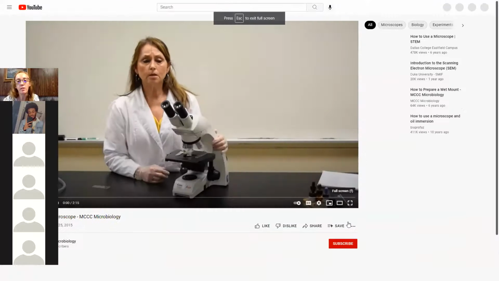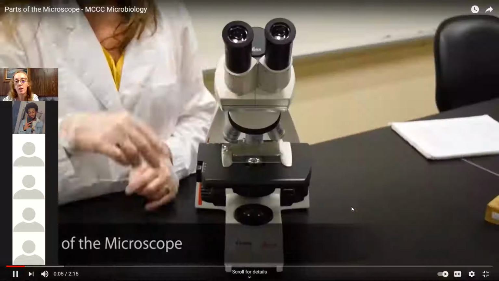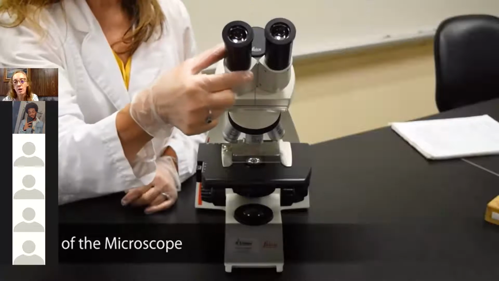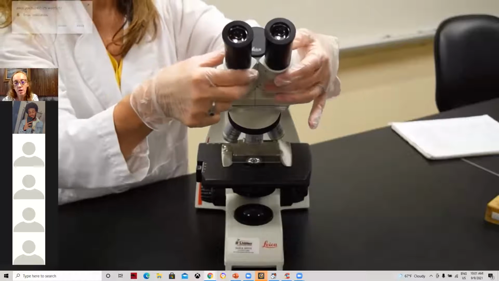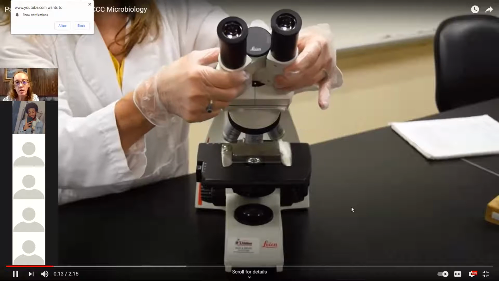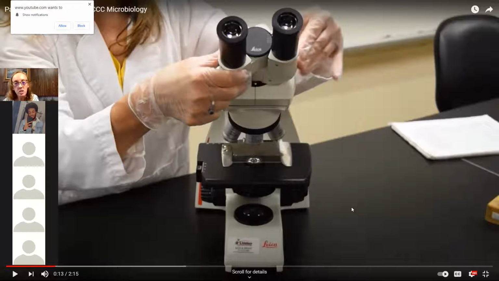This demonstration is showing you the parts of a microscope. We have the eyepiece or ocular. This is a binocular microscope, meaning that there are two eyepieces. Monocular means it has one ocular lens.